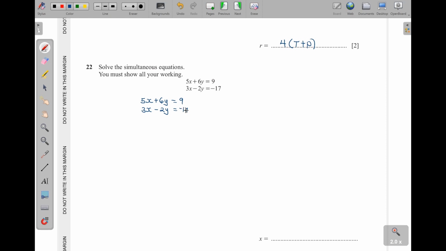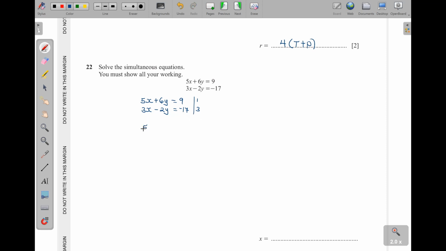Now, in here, I can multiply this one by 1 and then this one by 3, so that I make the coefficient of y to be the same, okay? I can multiply maybe by 3 and 5 to make the coefficient of x be the same, okay? So you can do what you want. So me, I'm going to change to make the coefficient of y the same.